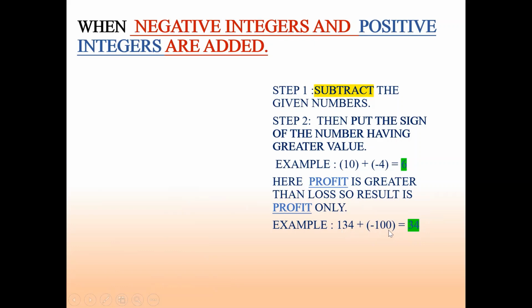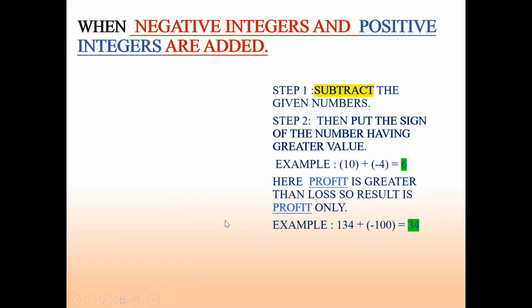If your positive number is greater, you will put the sign of positive. Here we have got the result which is profit all the time, or we can say a positive number as the result, because the positive number was greater than the negative number.